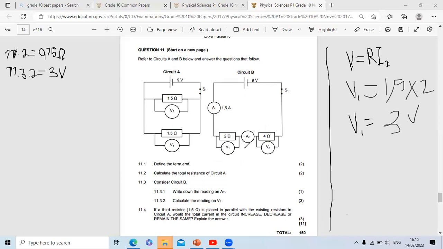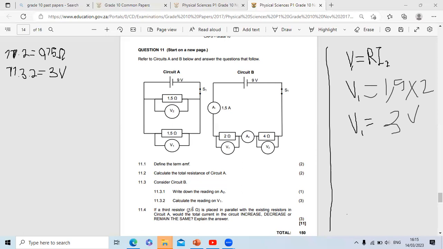Every mark is a minute. So you have to get used to calculating these things so that you can get your answers as quickly as possible. But your answer is correct.